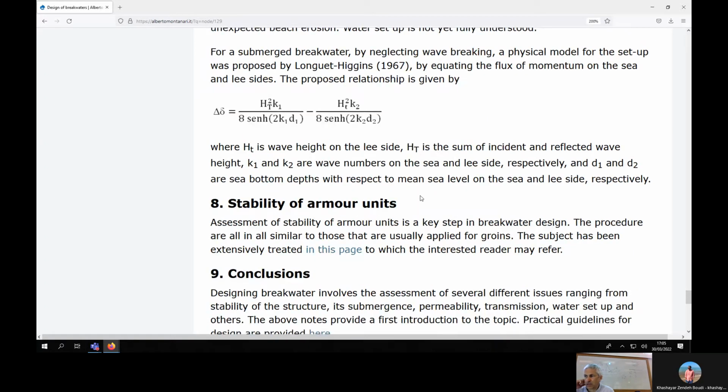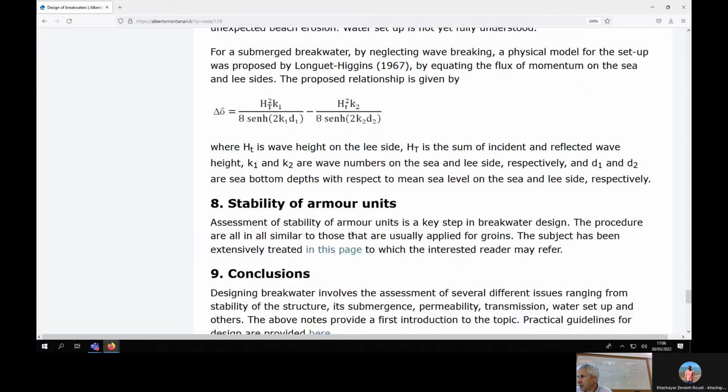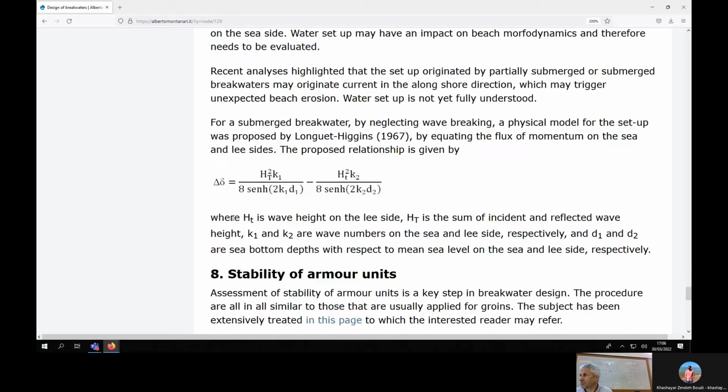I'm just mentioning this effect because I think it is interesting, and useful if you remember the possible presence of this effect. Okay. Stability of armour units, we just discussed it. So I think this is what I wanted to say for this particular topic.